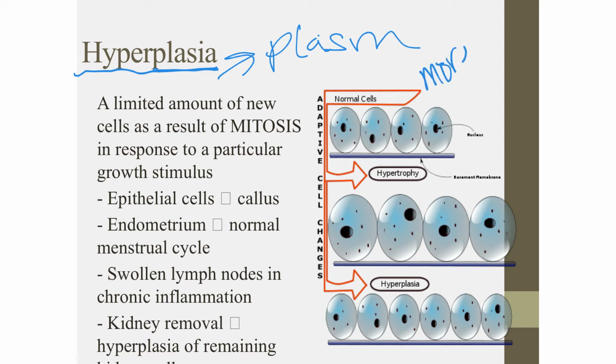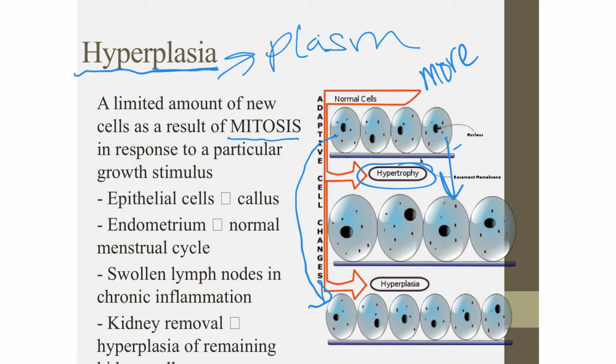So the cells themselves aren't getting bigger like you see in hypertrophy. Here's our normal cells. Here's hypertrophy. Cells are just bigger. In hyperplasia, these normal cells just start replicating. And that's essentially what it is at its very basic level.